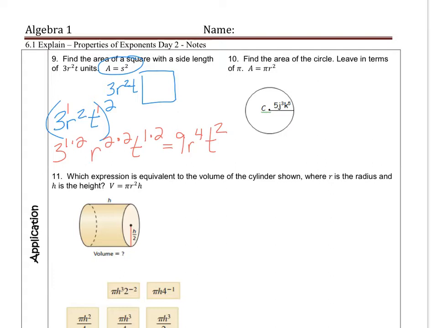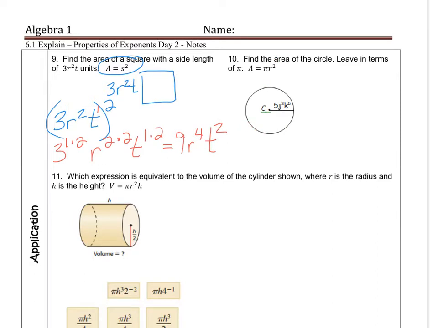Okay, on number 10, they've given you the radius. The radius is 5j to the 3rd, k to the 5th. And they've told you that the area of our circle is pi r squared. Now, in this problem, and for pretty much all the problems that you'll do dealing with pi, we're going to leave it as just a pi.